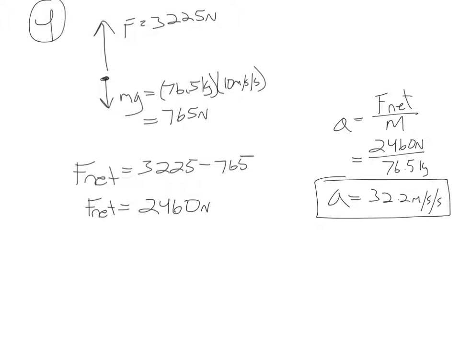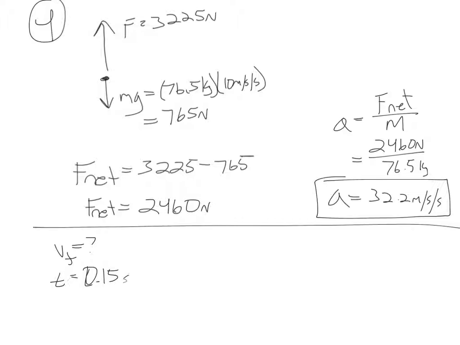Part B asks us to determine the final speed of the player. So VF, if the force endures for a time of 0.15 seconds. So I have a final velocity, I have a time, 0.15 seconds. I know the initial velocity would start off as 0, since he's jumping, I can assume that, and I have the acceleration from previous.